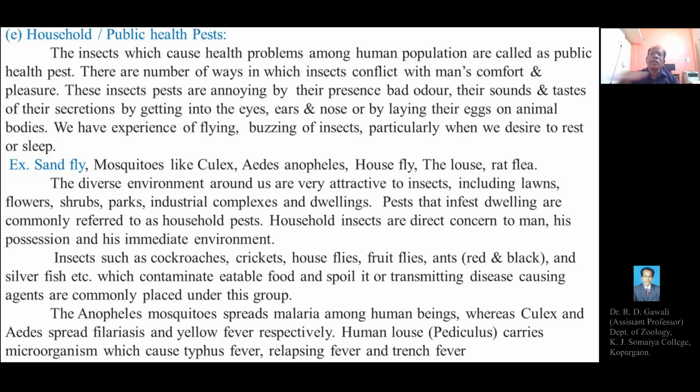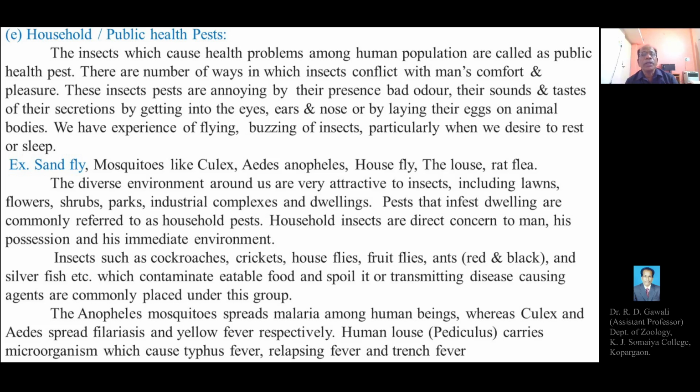So different types of diseases can be caused by these blood feeding insects, which have piercing and sucking type mouthparts, feed on the blood of the human and at the same time transmit different stages of pathogens which cause different diseases.